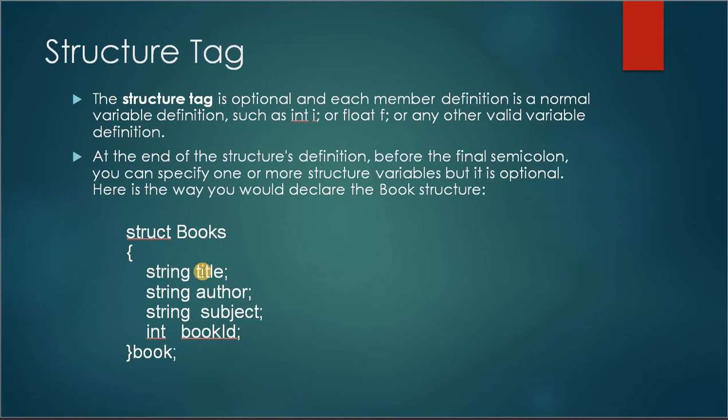Just like title is a variable of the string type, author is a variable of the string type, subject is a string, and book ID is a variable of the int type. The difference is this time we're the ones declaring what the variable type is, and it's going to be called books.